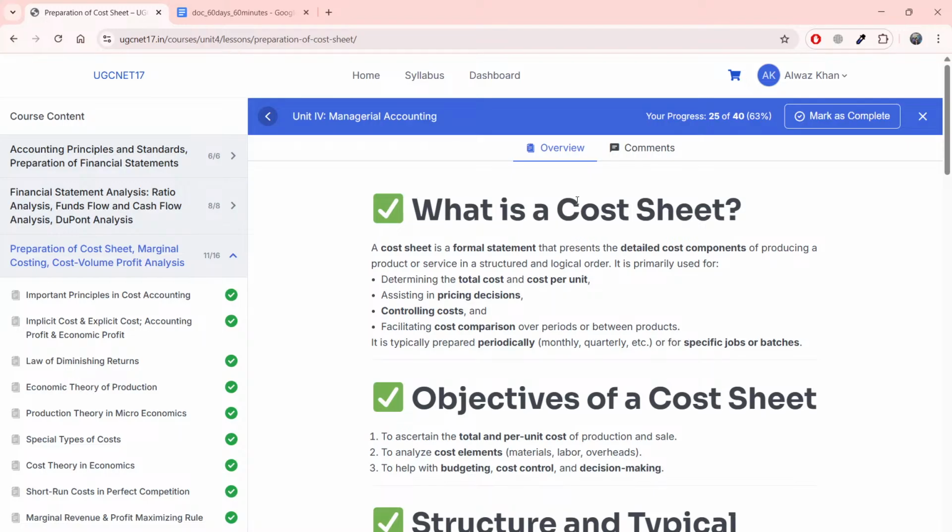It is primarily used for determining the total cost and cost per unit, assisting in pricing decisions, controlling cost, and facilitating cost comparison over periods or between products. It is typically prepared periodically or for specific jobs or batches.